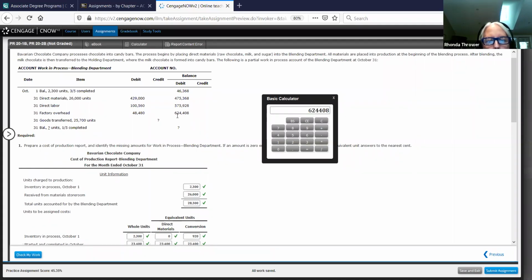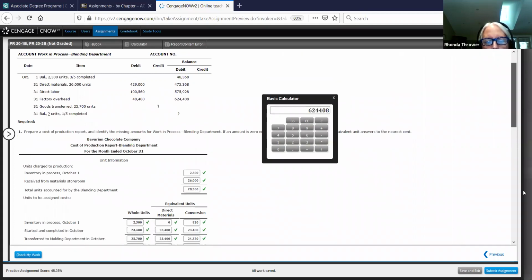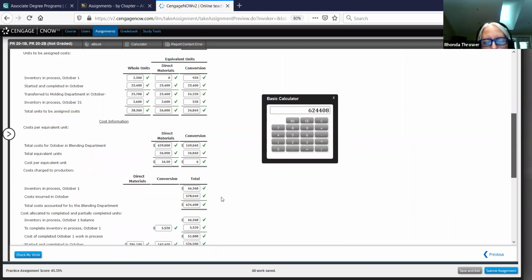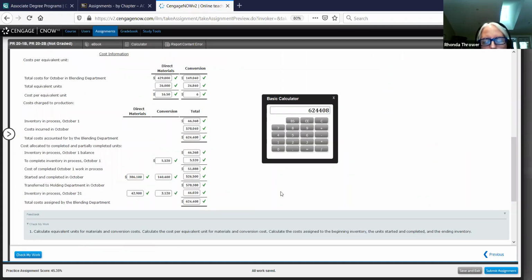And when you subtract that credit from this previous balance, it will leave you with the ending balance in your ending inventory, which was $46,020. So a cost of production report is just a breakdown of the work in process account for the month.